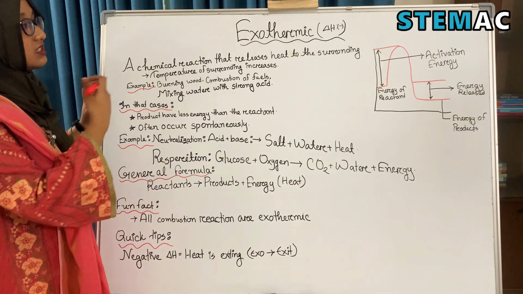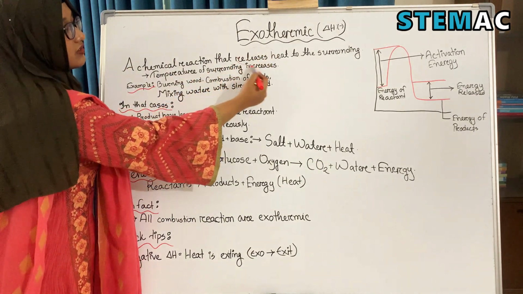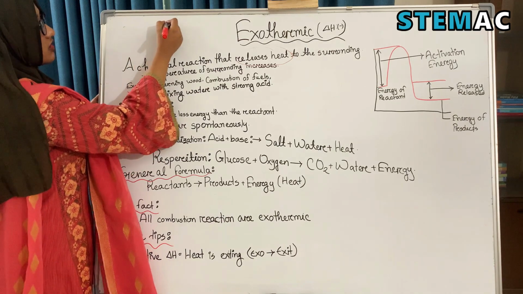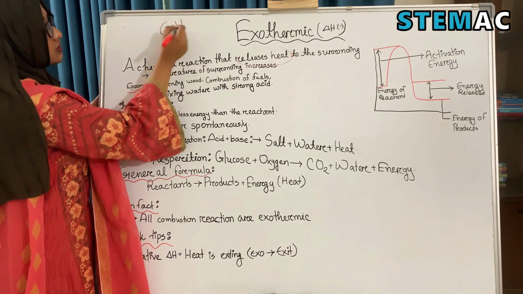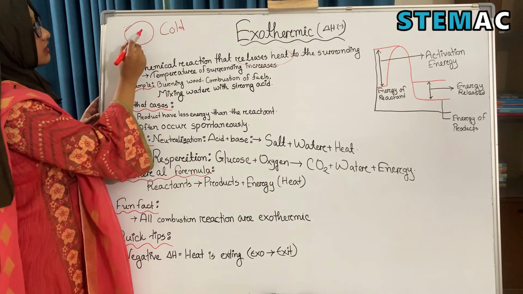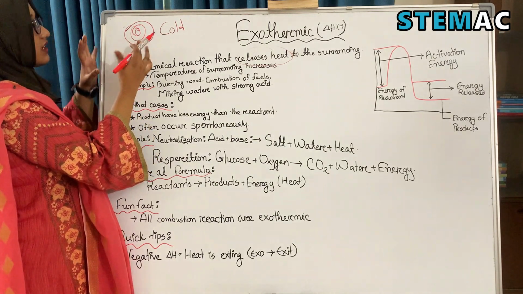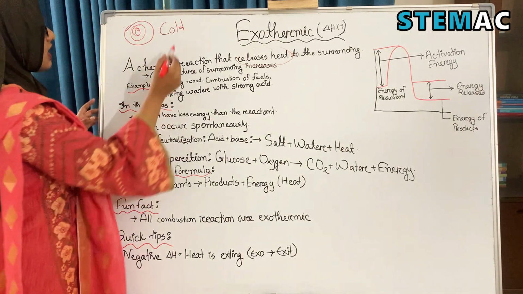As the heat is released into the surroundings, what is going to happen? The surrounding is cold. Just imagine that there is a cave, and all the heat is present here. It's like 100 degrees centigrade, and here it's cold.